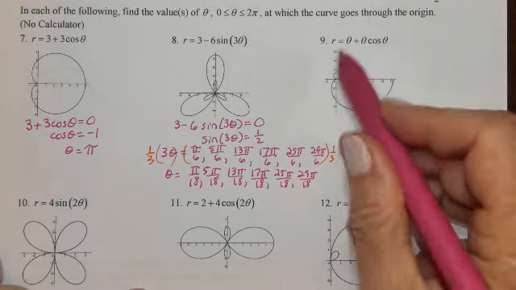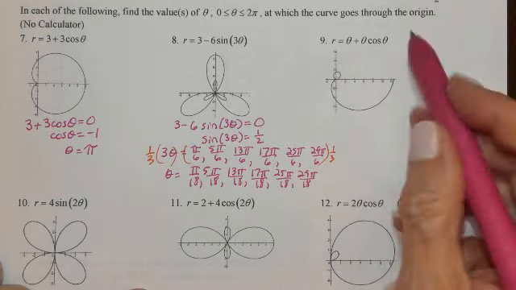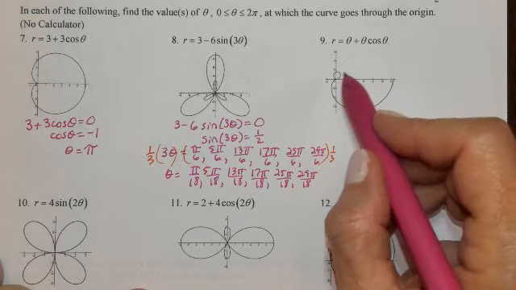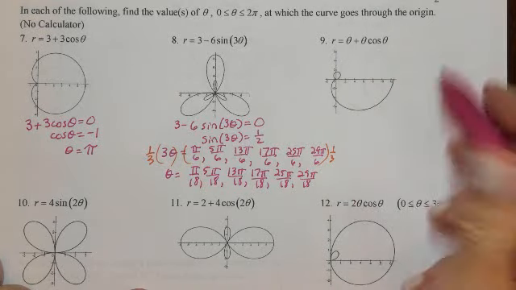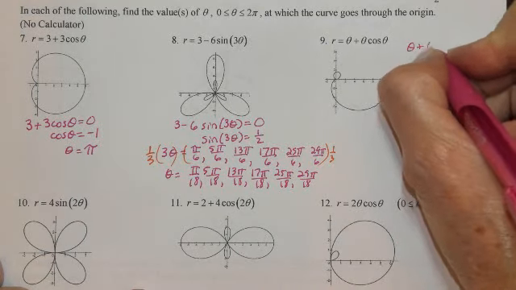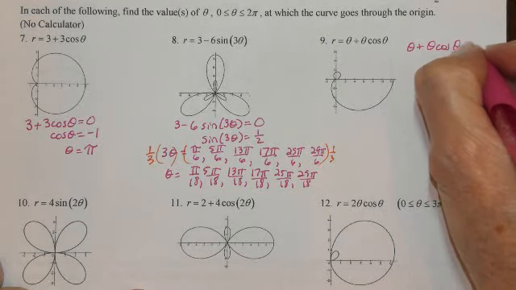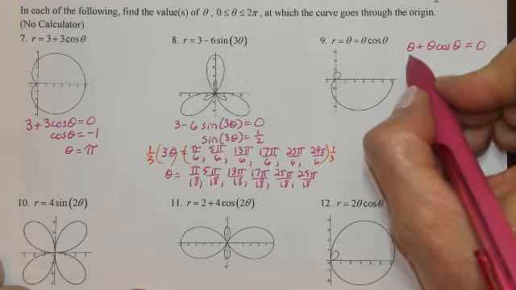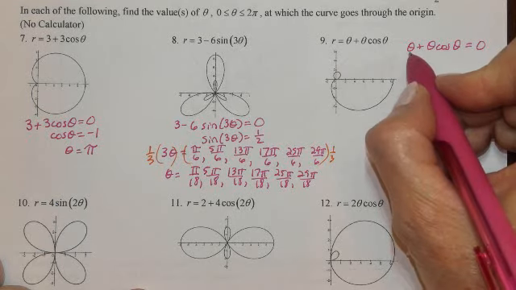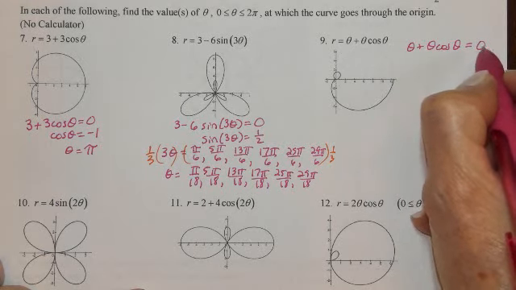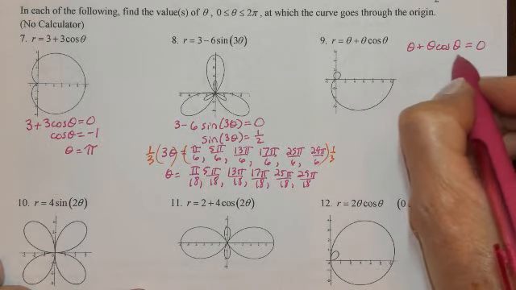Next up, it's a weird little graph. Let's find out when r is 0. So I'm going to take r and set it equal to 0. Well, I don't really want to subtract that over and divide by theta because I'm going to be losing something if I do that, right?